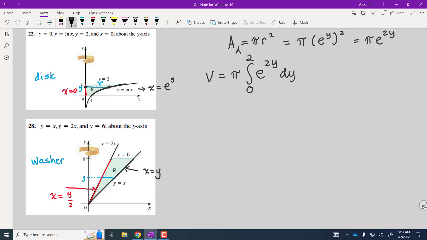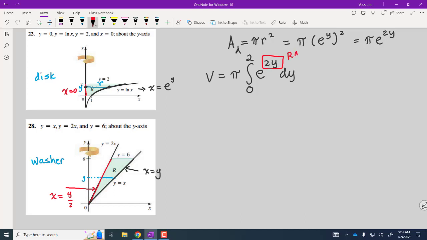Here is a classic reverse chain rule. So when we look right here, if we were going to use substitution, we would let u be 2y. And we could go through that process. Of course, it's going to work. But what we talked about last week and what we want to focus on in this class, because we will be doing about 1,000 integrations that have linear substitutions, we don't need to go through those 3 steps because the same thing happens every time. So we use reverse chain rule.